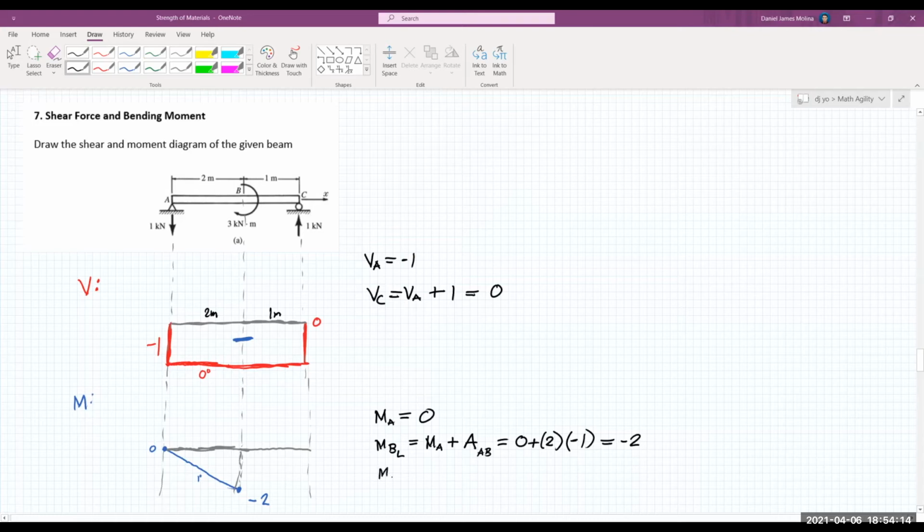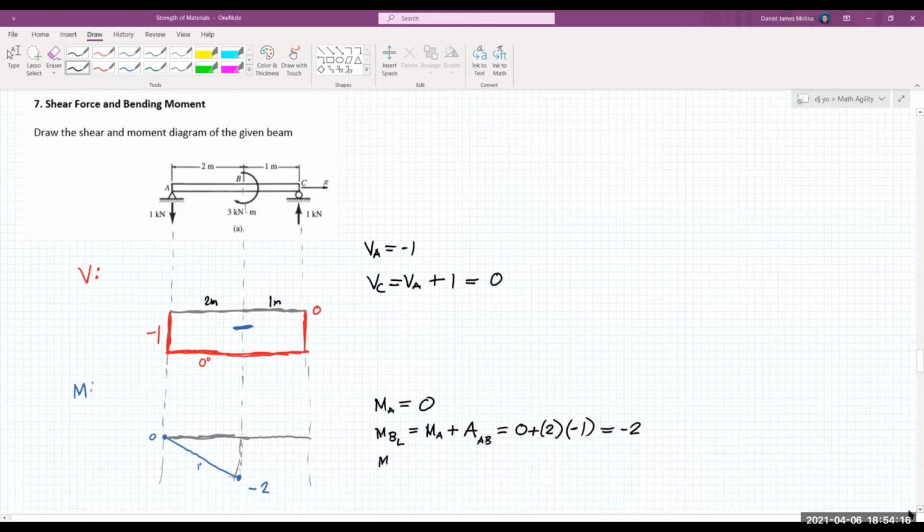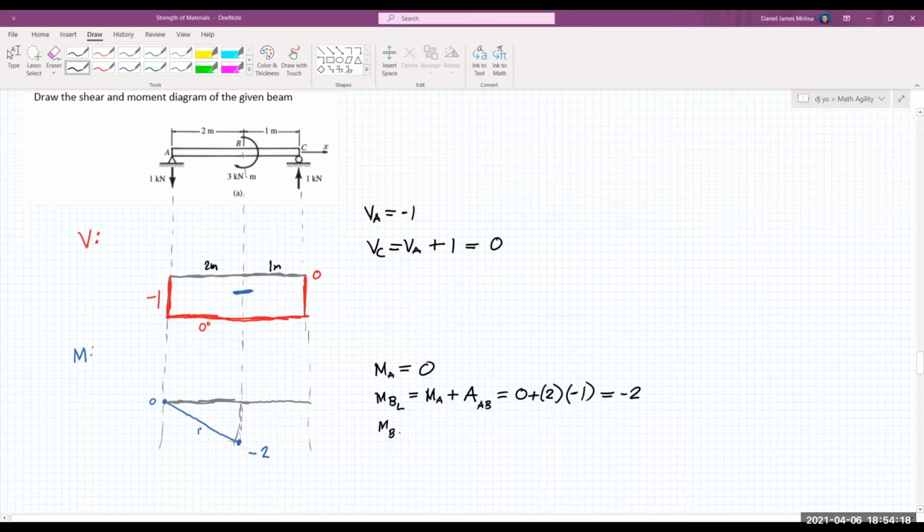Next, we have the moment at B to the right of B. We have the moment to the left of B plus the concentrated moment, which is 3 kilonewton meters. We add 3 since the direction of the 3 kilonewton meter moment on the beam is clockwise.